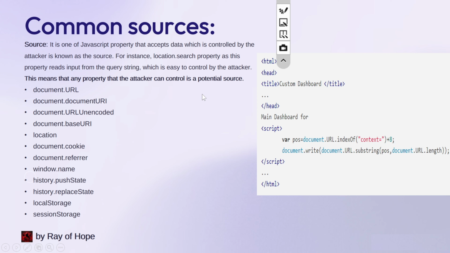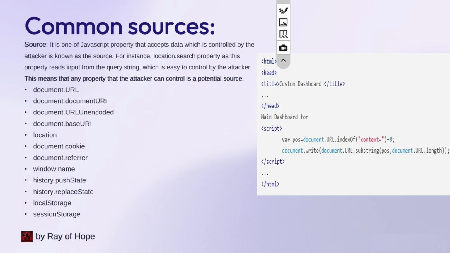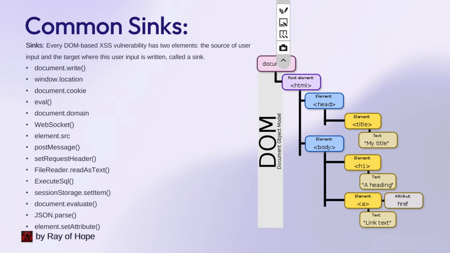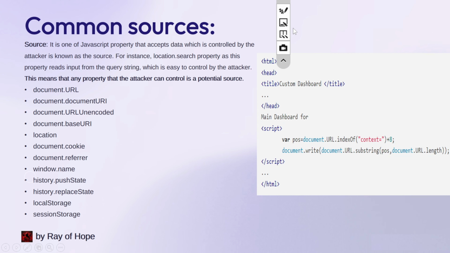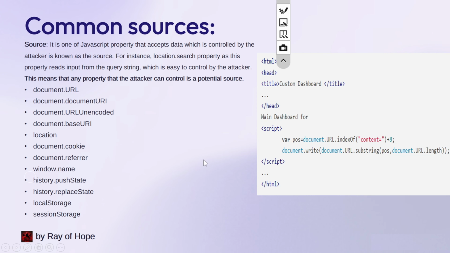Basically, DOM stands for Document Object Model, and XSS means we can use the sources and sink to execute the data. If the payload is getting executed in the DOM, it should execute in the sink, and the way we use it is the source.